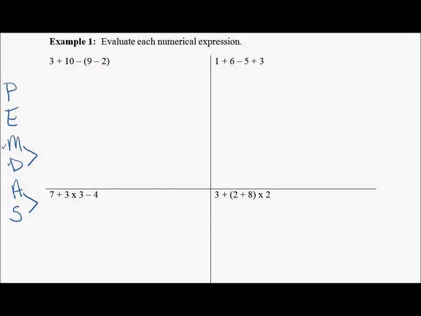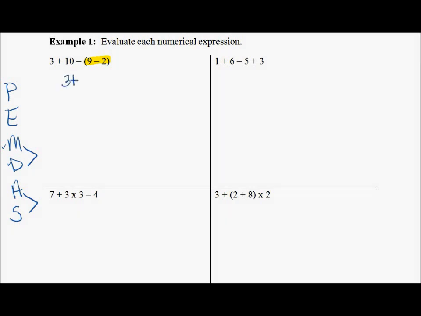So now let's go ahead and get started with the first one. When I look at it, I have 3 plus 10 minus, and in parentheses, I have 9 minus 2. Well, first thing that I see, I have parentheses. So I know based on the order of operations, I must do that first. I'm going to rewrite what I have.